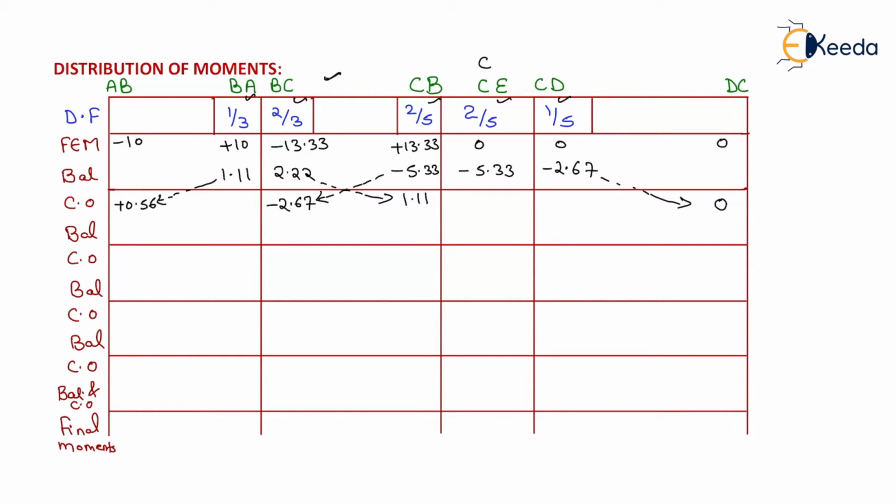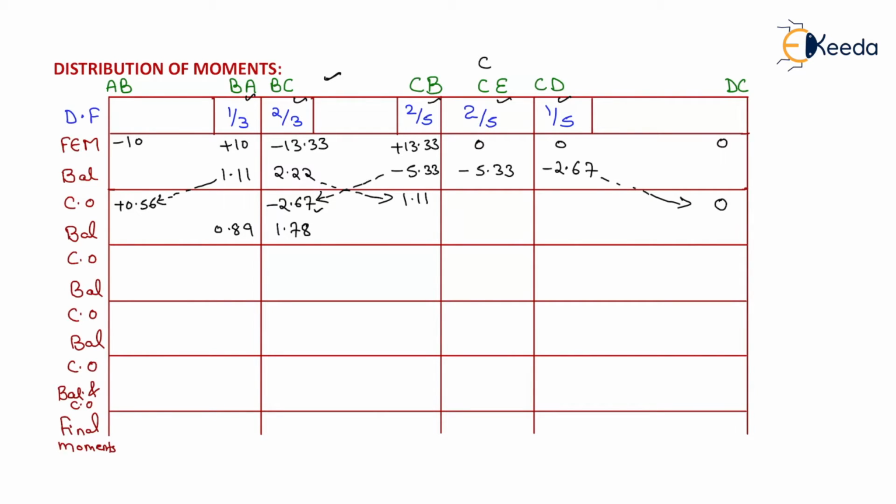Now at joint B there will be an unbalanced moment of minus 2.67, which is shown here. We need to balance this moment by applying a moment of equal magnitude but opposite sign, that is plus 2.67, and it will be distributed in span BA and BC according to their distribution factor. If we multiply 2.67 by 1 by 3, it will be equal to plus 0.89. Similarly 2.67 by 2 by 3, we will get the value as 1.78.